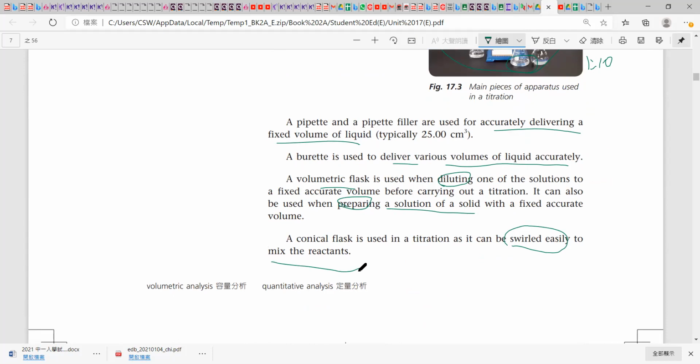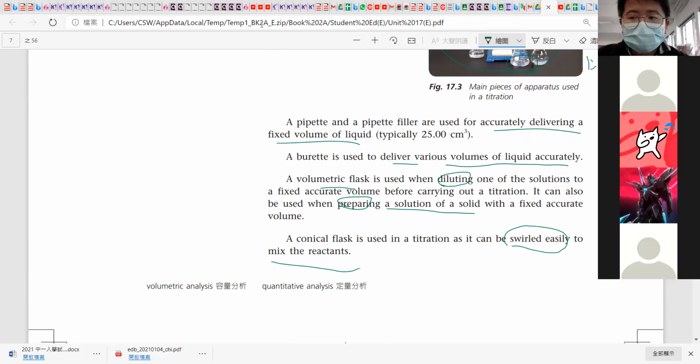So it is different from a beaker, right? Swirl, okay? Swirl with that action. So you may get, right? You may take a look on the screen where you may see the swirl action, right? So if you use a beaker, right, of this, once you swirl, what will happen? You may see the water level will splash very quickly, right? So we've got a very large chance of having spilling over of the solution.